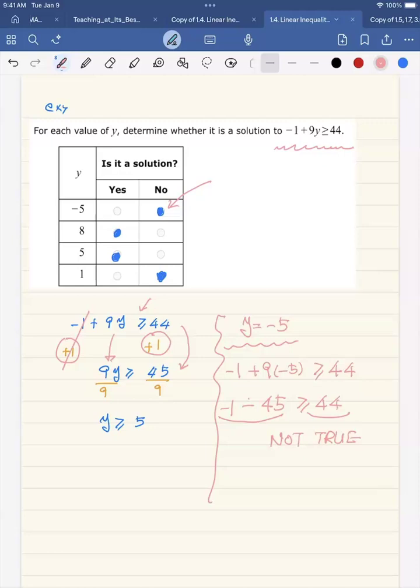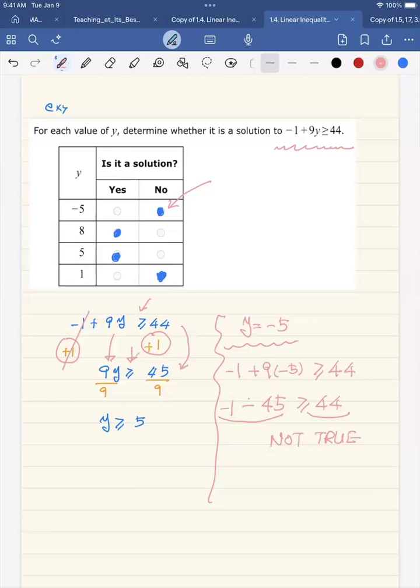What you have to be careful about is when you divide or multiply by a number. If you divide or multiply by a positive number, then the inequality direction will be the same. But if you divide or multiply by a negative number, then you have to switch the inequality direction.